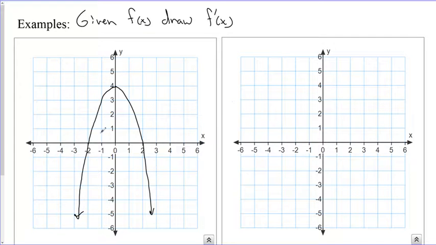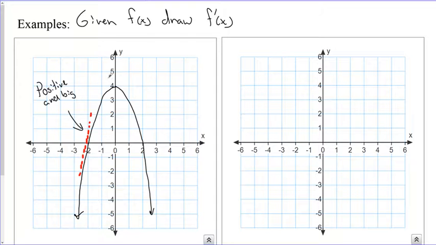So think of it this way. My tangent line at 2, if I were to draw that tangent line in at 2, it would be both positive and big.